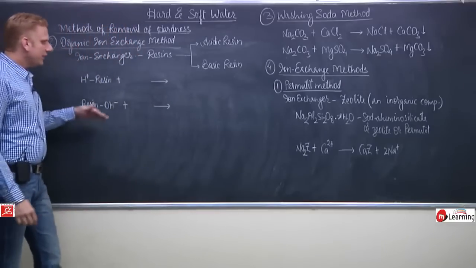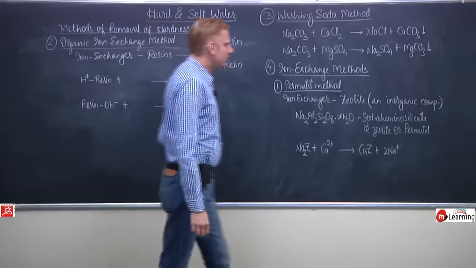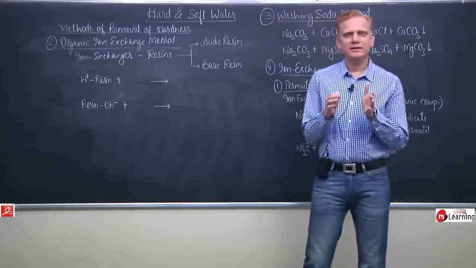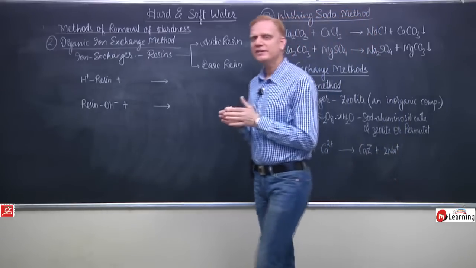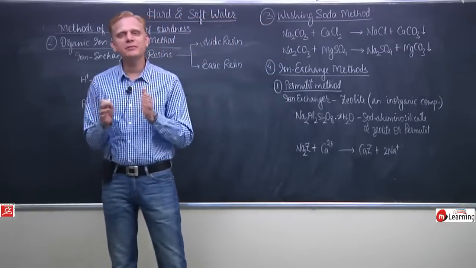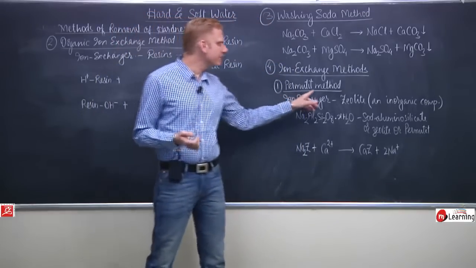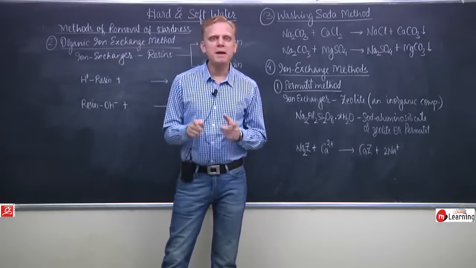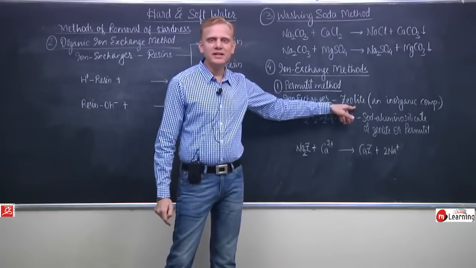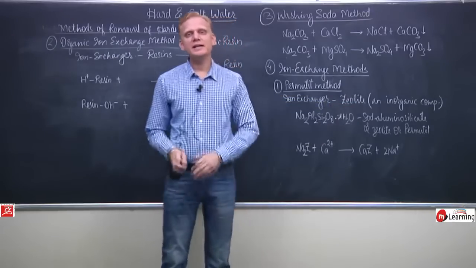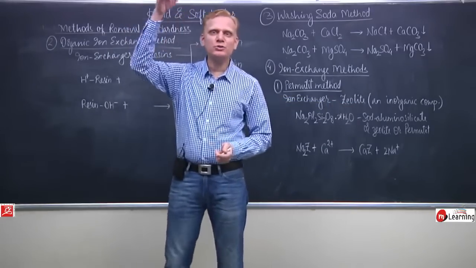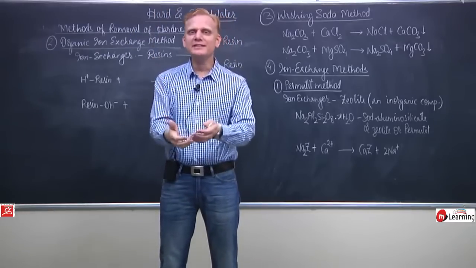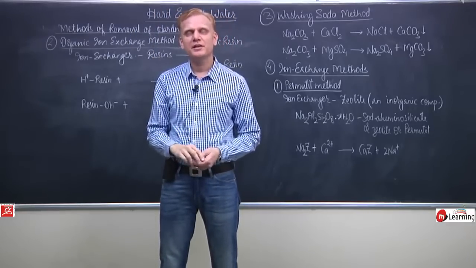See, the method now is a little bit different in the arrangement, in the setup. In the permutit method, we have a single column packed with this sand, that is zeolite, and hard water was allowed to pass through the top of the column and collected at the bottom of the column.